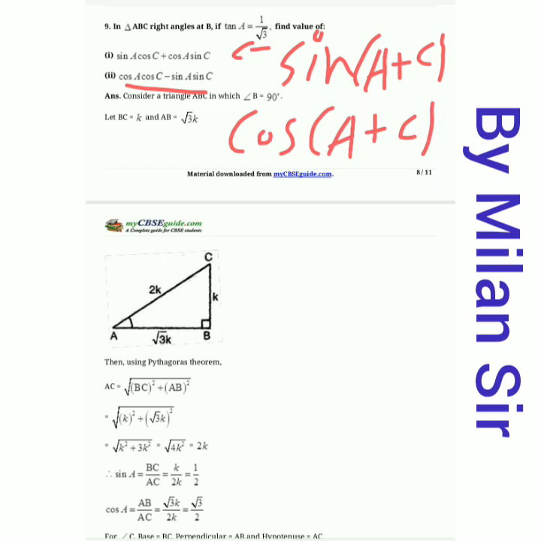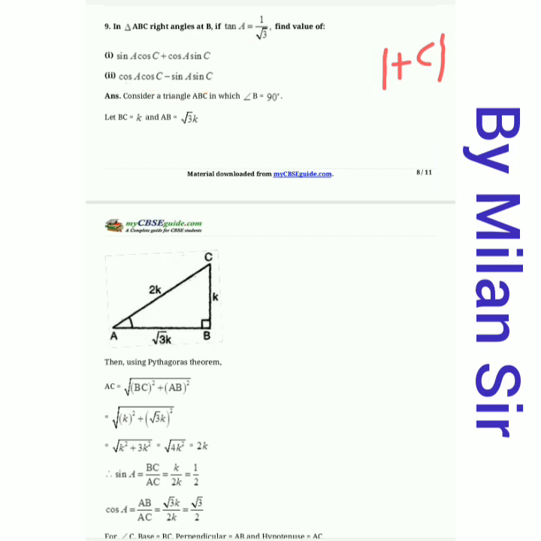Okay, now we need to find this value. So before that we need to have the values of sin A, cos A, sin C and cos C. For that we use our triangle method, and tan A is given as 1 upon under root 3. So make one triangle, and it is given that the right angle is at B, so B is your right angle.